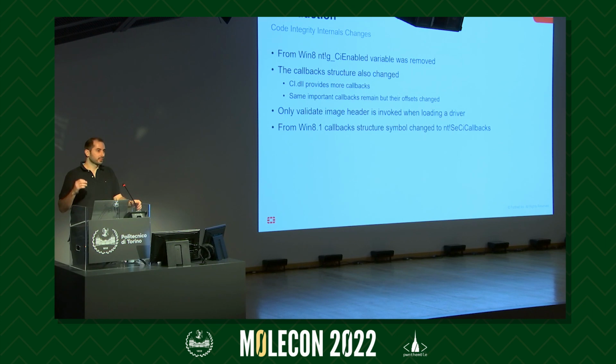But the core callbacks that we mentioned are still there. The flow for using them changed a bit, as only one callback will be used during this process, and the name of the private symbol changed. But this will just be a reference for later.